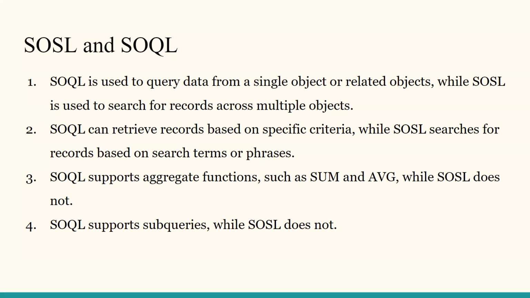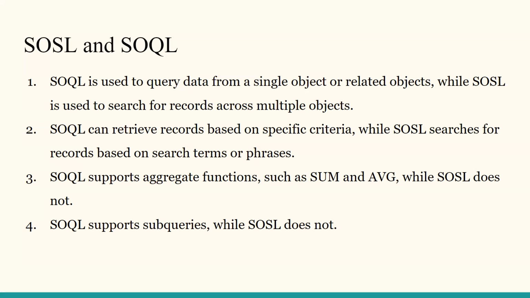And I'll give you some key differences between SOQL and SOSL. One difference is SOQL is used to query data from a single object or related objects, while SOSL is used to search for records across multiple objects.